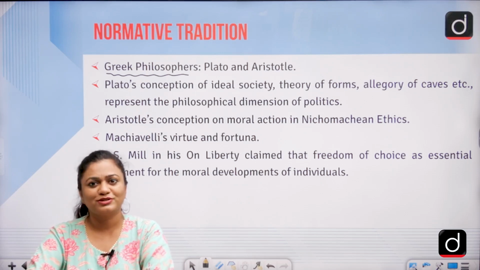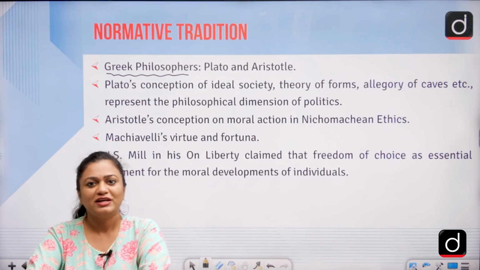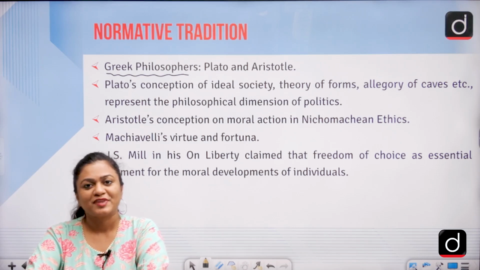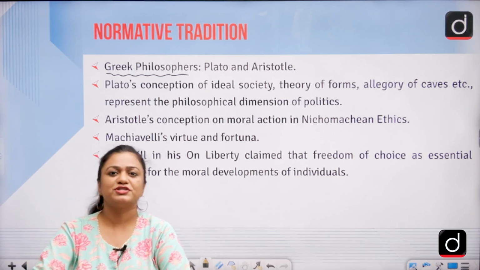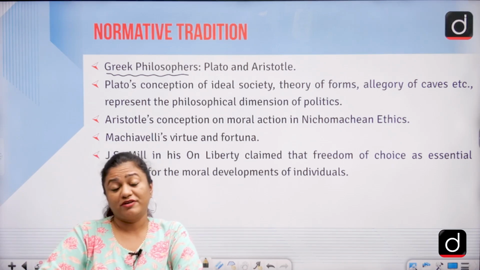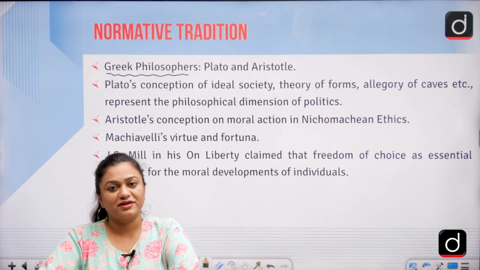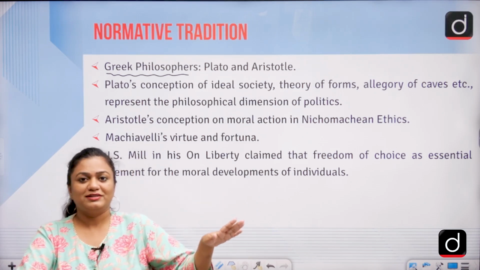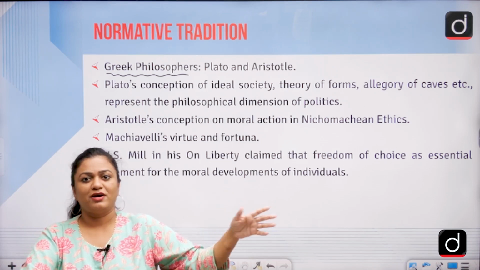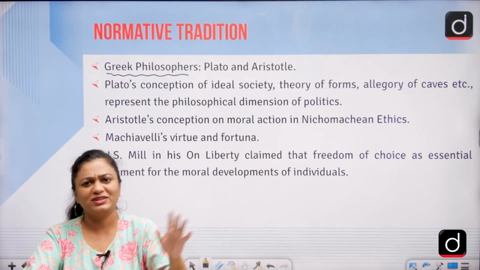Then Aristotle was also in search of the best government. He made a comparison between different constitutions in the world. More than 150 constitutions were compared by Aristotle. In that he created the classification of rule by one, rule by few and rule by many.